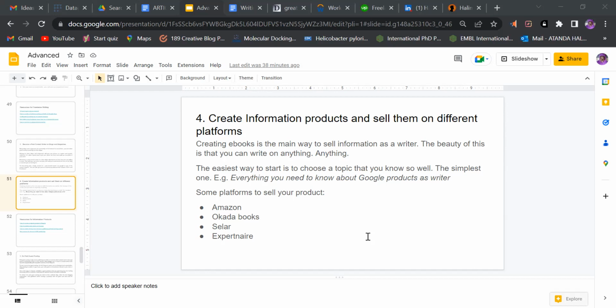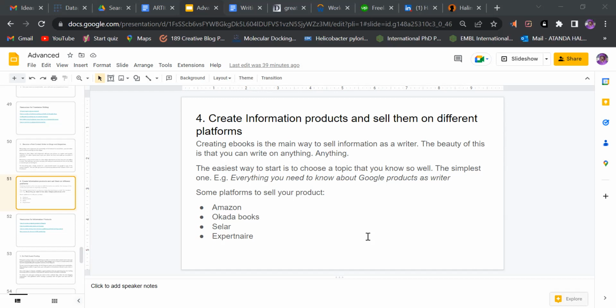So, starting is the toughest part. Once you make that decision that okay, you actually want to explore information products, the first thing you need to have is information that is helpful, information that people need, a solution to a problem.